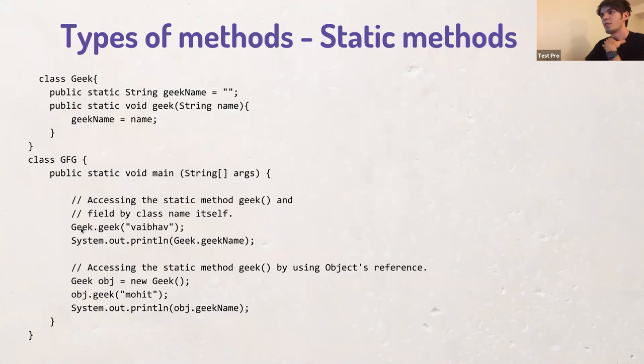You're just specifying the class name, Gig with a capital letter, which identifies it as a class. After a dot, you specify the method, gig in lowercase. You're also passing a string as a parameter here. And after that, you can just print the value.